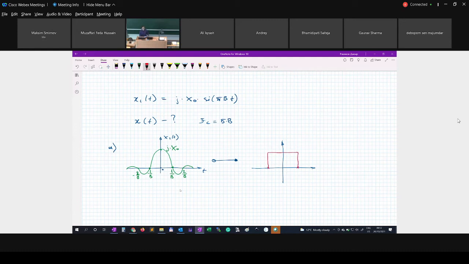Minus b by 2 to plus b by 2. Yes, exactly. It will be from minus b by 2 to b by 2.